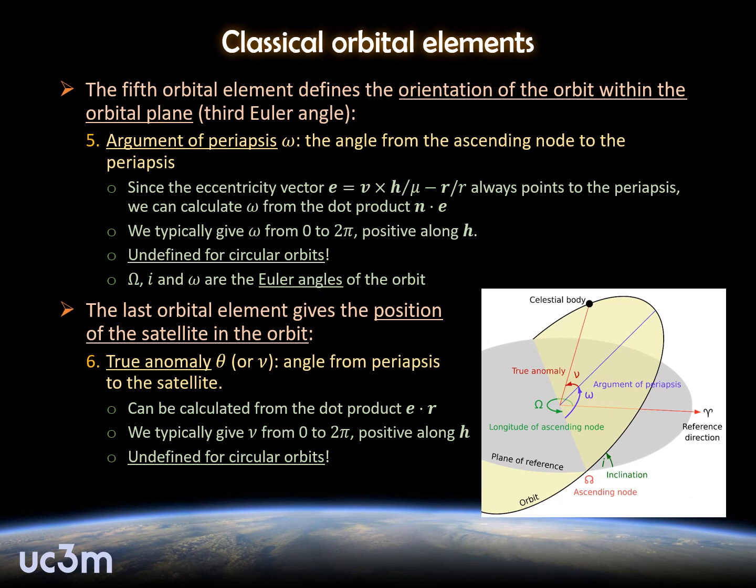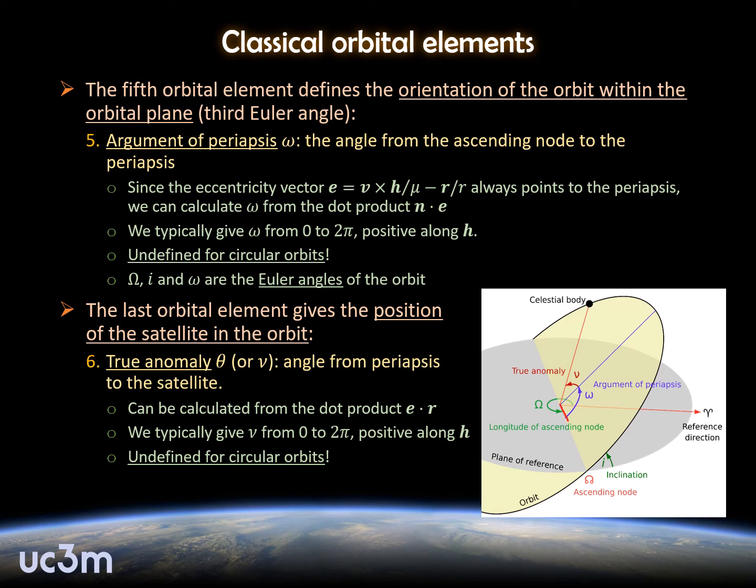The fifth orbital element allows us to orient the pericenter in the already located orbital plane. Okay, so the first two Euler angles, omega and I, allow us to identify where the orbital plane is, but we still have to identify where the pericenter is in this orbital plane. So the last rotation of the Euler angles, the third Euler angle, actually allows us to identify where this pericenter is located.